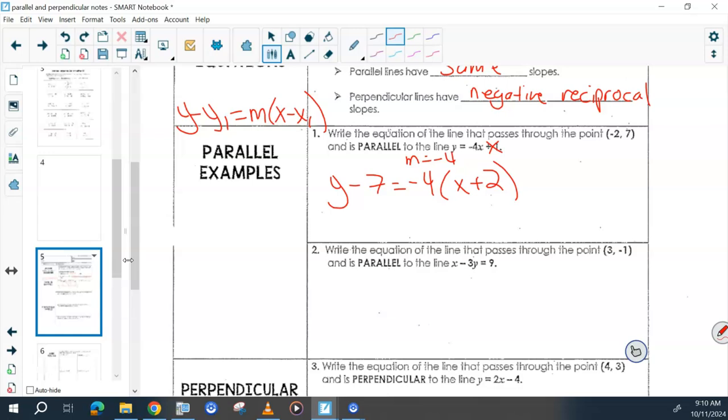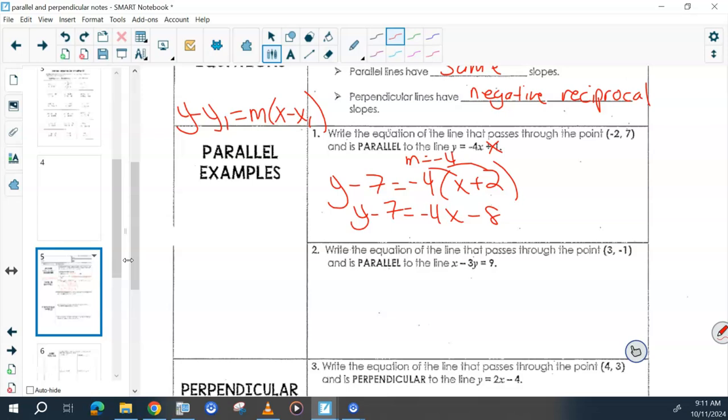Then we can distribute the -4 and add 7 on both sides.